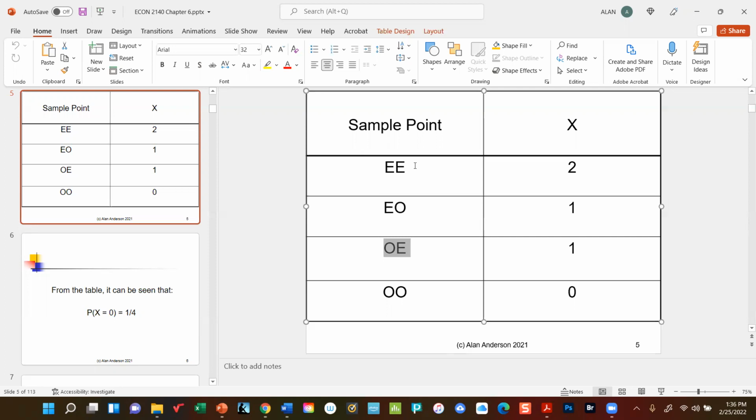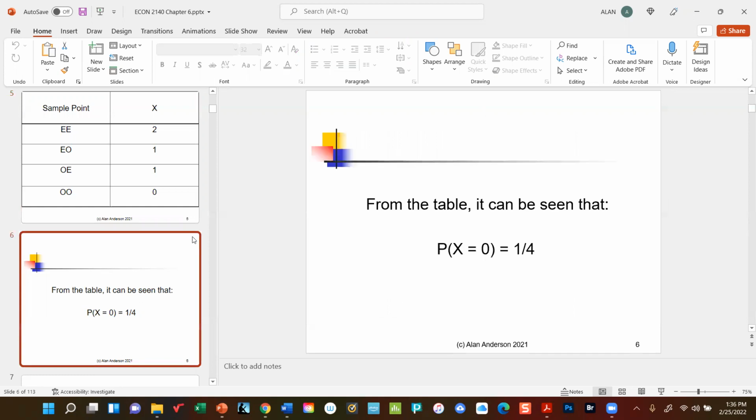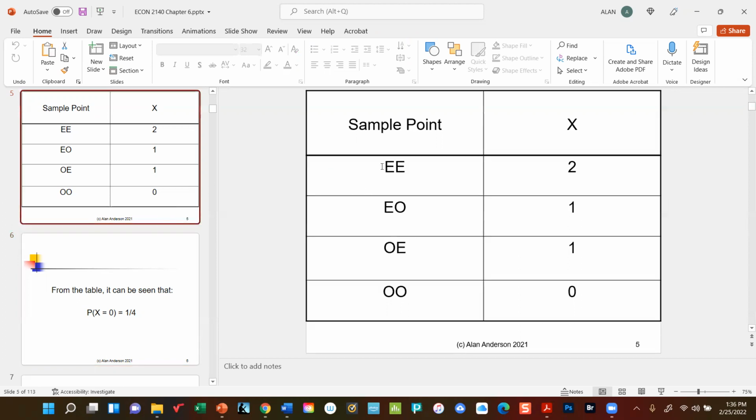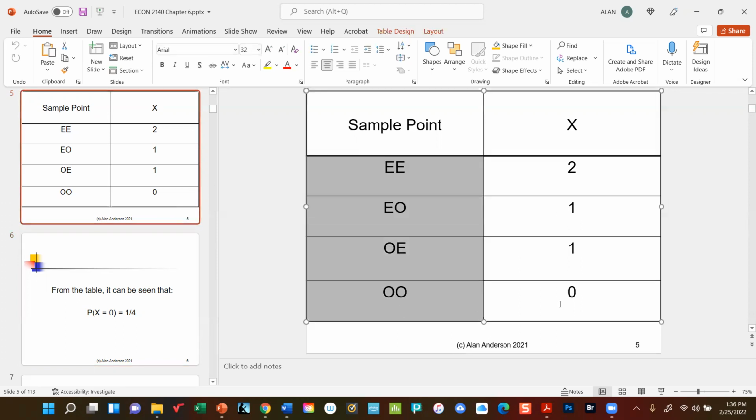Now, having said that, that's fine as far as it goes, but ultimately what we care about is probabilities. What we can do now is calculate probabilities for every possible value of X. So for example, remember, these are all equally likely to occur. So the probability that X equals 0 is equivalent to saying, what's the probability of getting OO when we carry out this experiment? And because they're all equally likely, that would be 1/4.